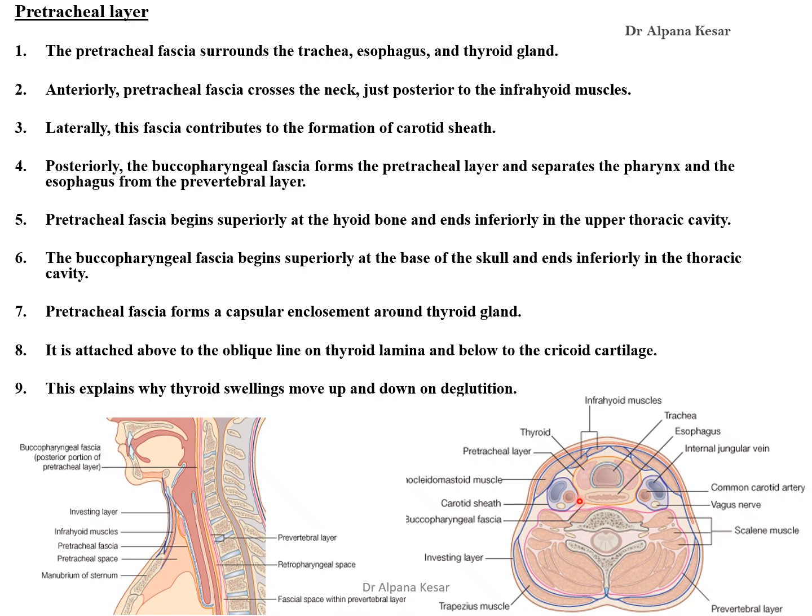Laterally, it contributes to the formation of carotid sheath. The posterior part of pretracheal fascia is also known as buccopharyngeal fascia. Buccopharyngeal fascia separates the pharynx and the esophagus anteriorly from the prevertebral fascia.